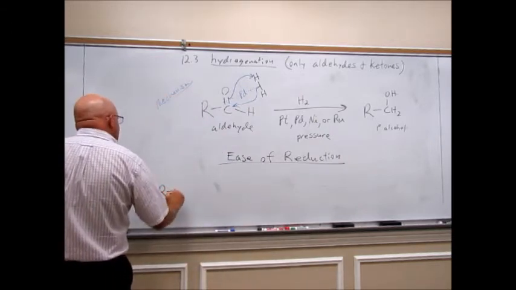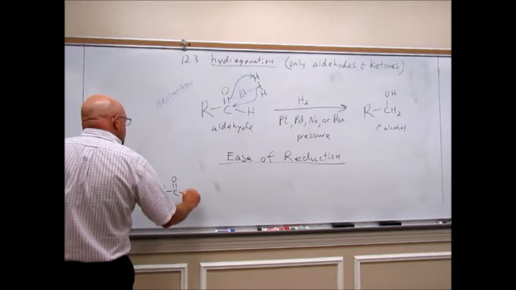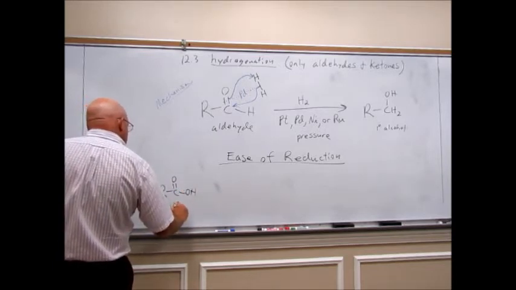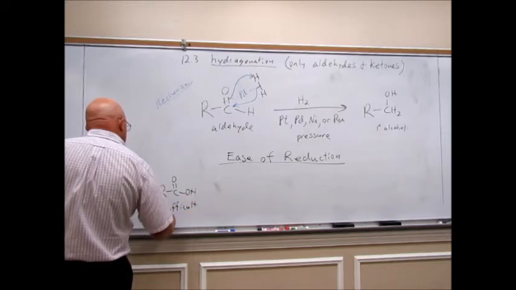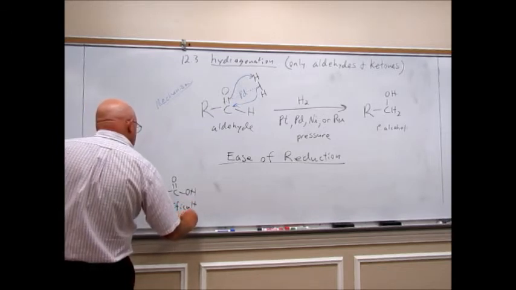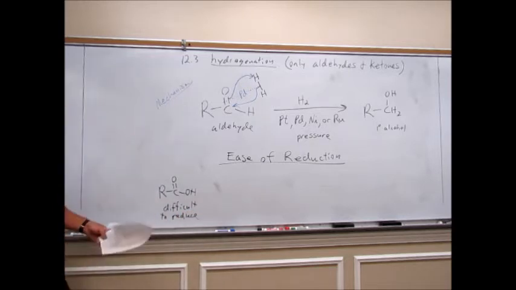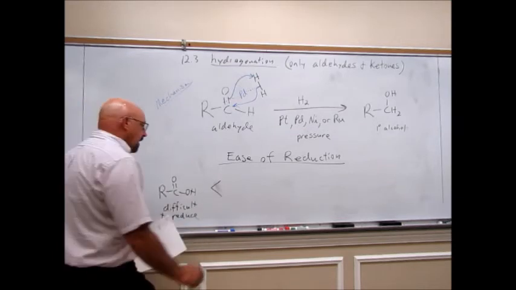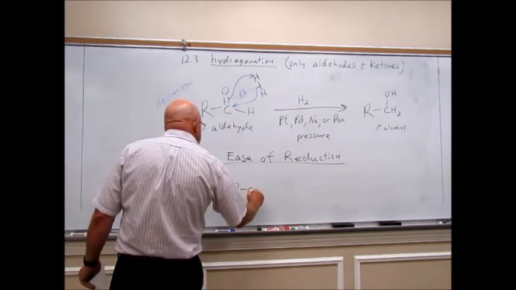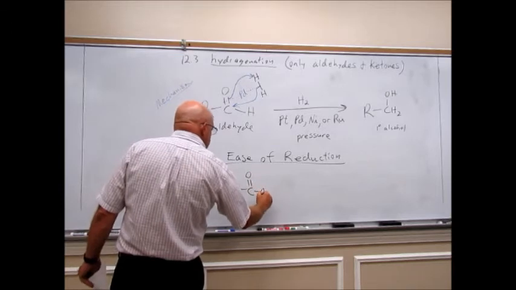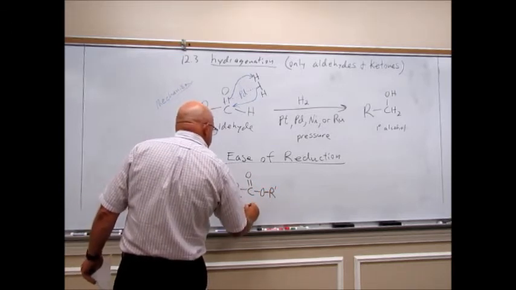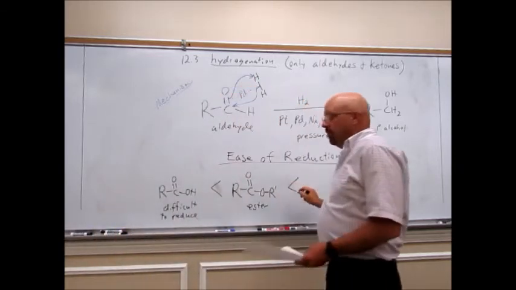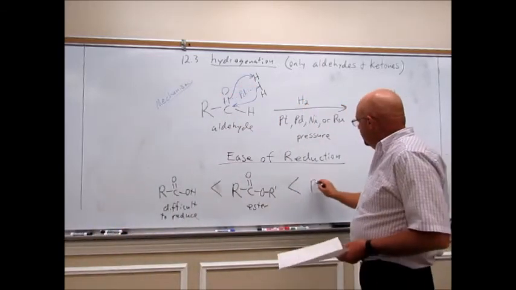The carboxylic acid is the most difficult to reduce. A little bit easier, more reactive, is the ester, but it is also very difficult to reduce. Now, easier than that is ketones.